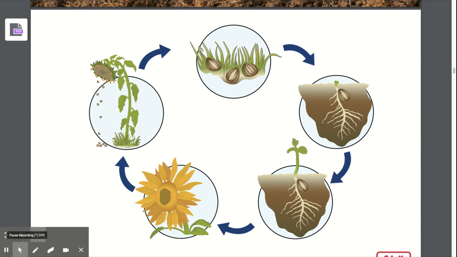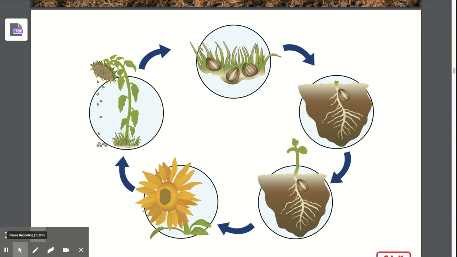So let's see if you were listening to our story. What things does a seed need to germinate? Did you say a seed needs water, warmth from the sun, and nutrients to germinate?